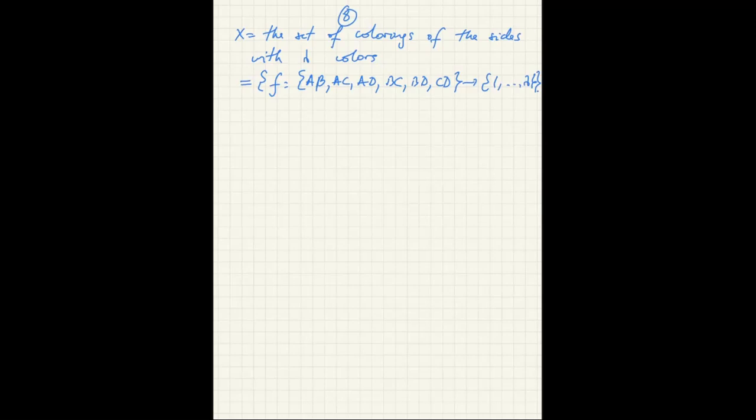So the number of colorings invariant under G is the number of orbits.